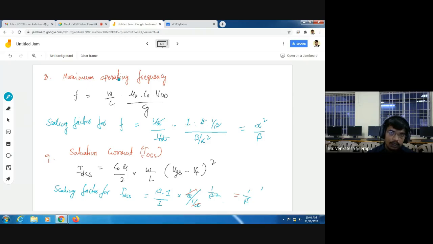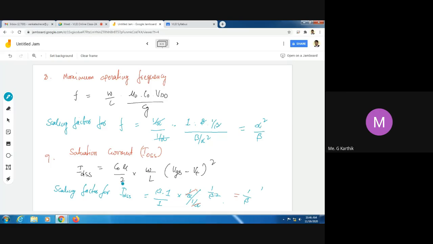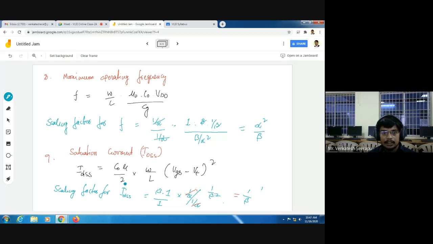Why is 2 taken that way? In C0 mu by 2, the 2 is a constant value.